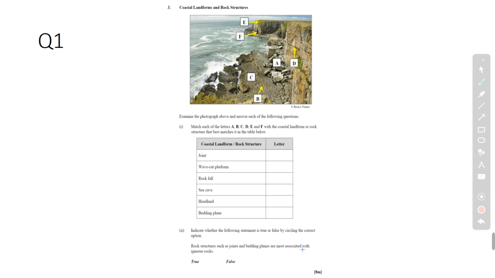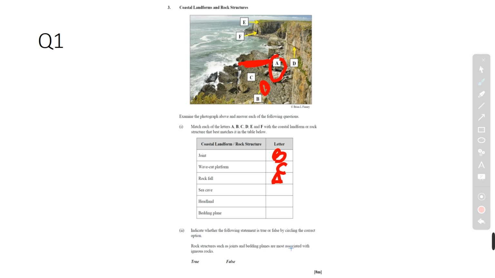A joint is a narrow opening or crack in the rock, so joint is B. Wave cut platform is the rocky area at the base of the cliff, and that's C. The rock fall is A, because there are fallen rocks there.